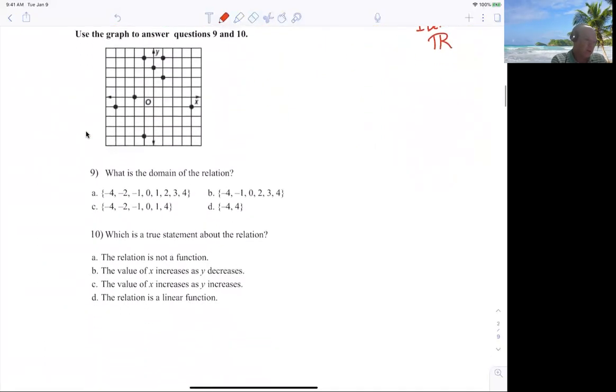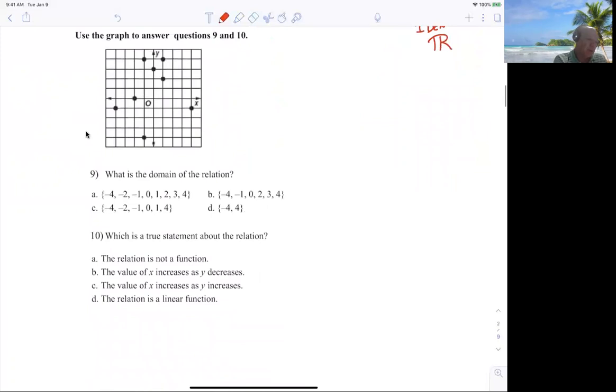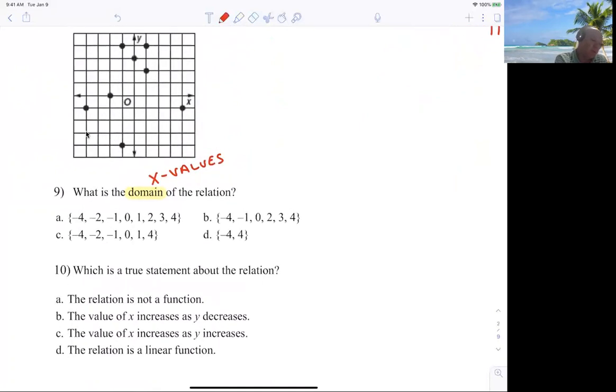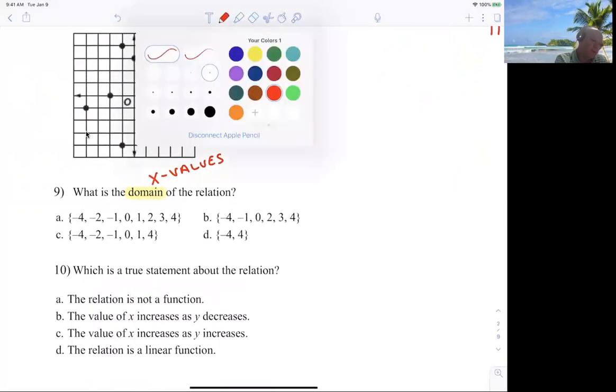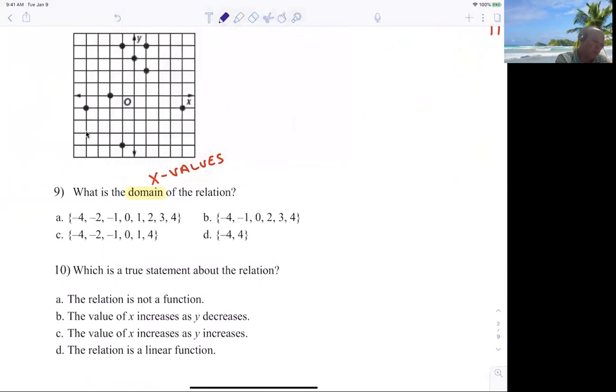Now let's take a look at questions 9 and 10. What is the domain? Remember, the domain are the x values. So what I want to do is go to each point, and I'm going to darken in for us here the x-axis. Right here is the x-axis. This right here is the y-axis.